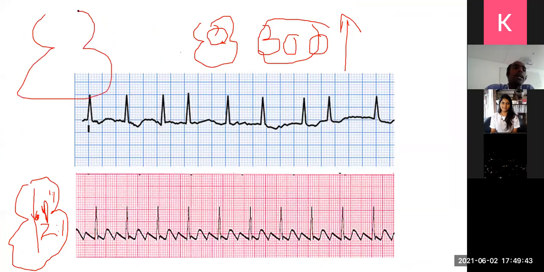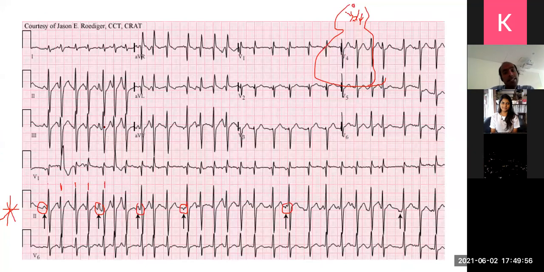So that's the difference. That's why the P wave is broken up into thousands of segments. Here it is like 3 or 4, because it's firing in only 3 or 4 places. That is the difference between AF and MAT.